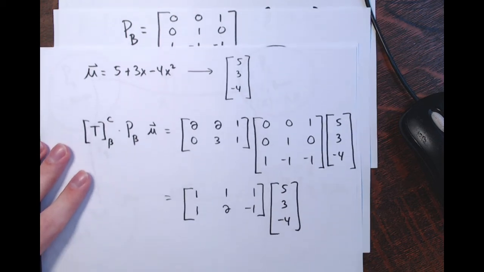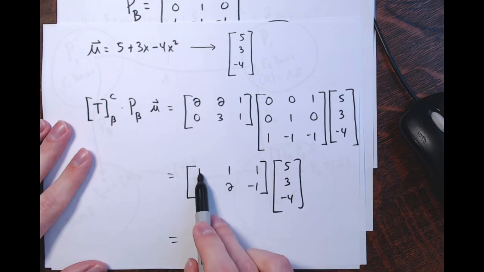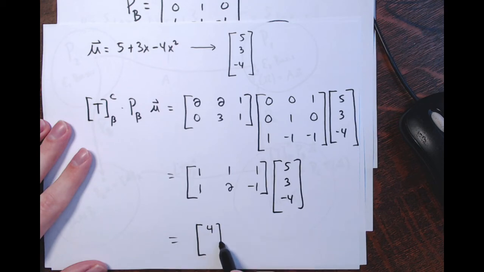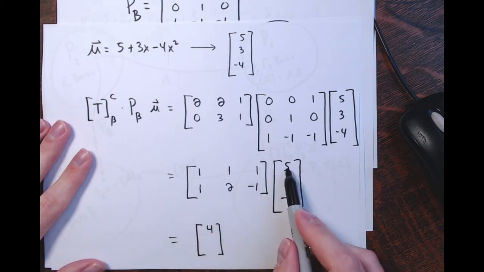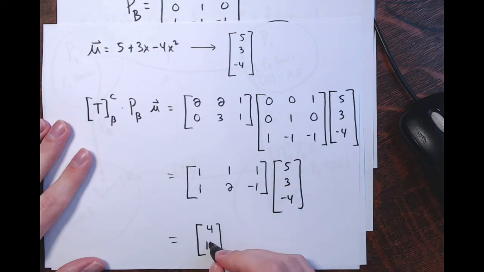And finally we get down to this. A 2 by 3 times a 3 by 1 will be a 2 by 1. 5 plus 3 is 8, minus 4 is 4. And then 5 plus 6 is 11, plus 4 is 15.